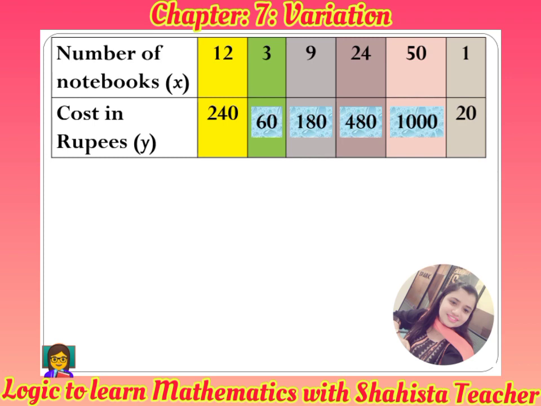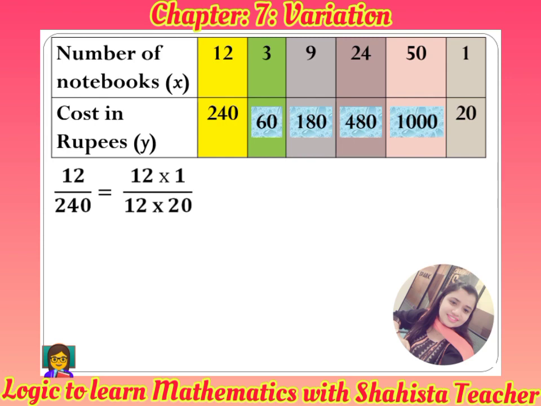So this is called a variation. Variation means change. If we buy more, we have to pay more amount. If we buy less, we have to pay less amount. If a person buys one notebook, he has to pay 20 rupees. But the same person, if he buys 50 notebooks, has to pay 1000 rupees. Is that clear, my dear students?